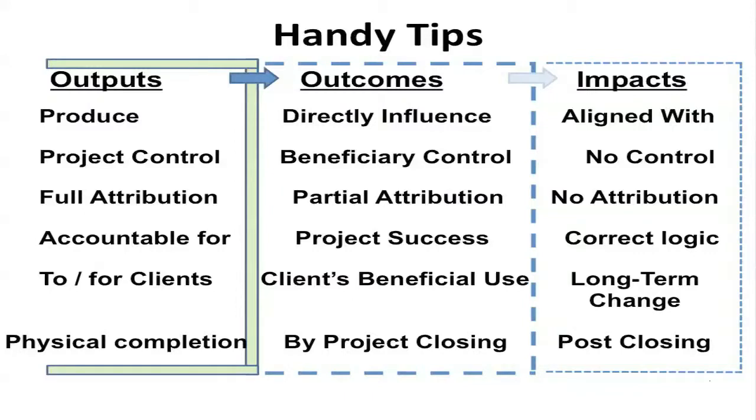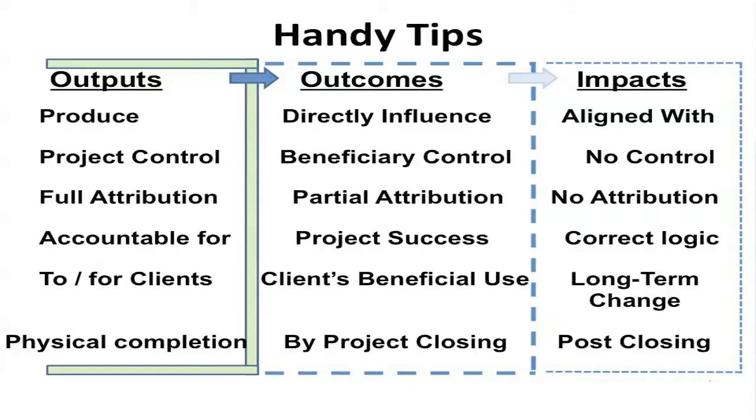Let me just run through a number of other handy tips that can help you, especially in that difference between output and outcome. Outputs are things you deliver; outcomes are more like things you directly influence. So if you build a nice road, you don't deliver the cars driving on the road, but you certainly have an influence on the cars driving on the road.